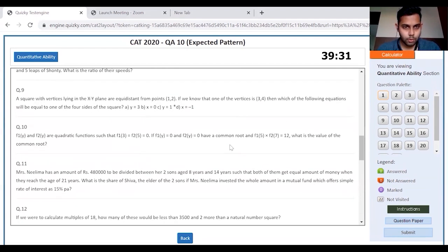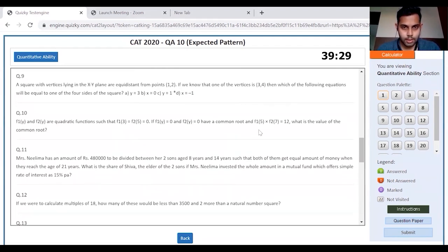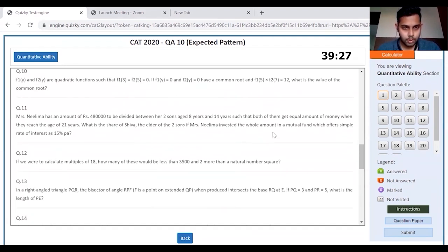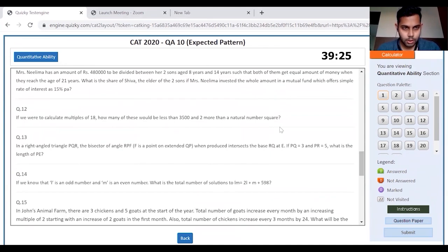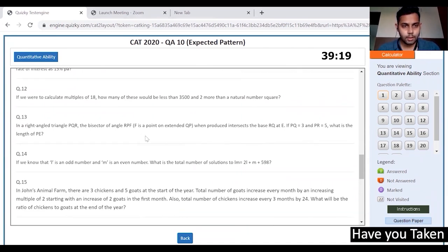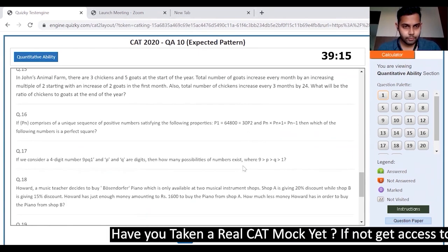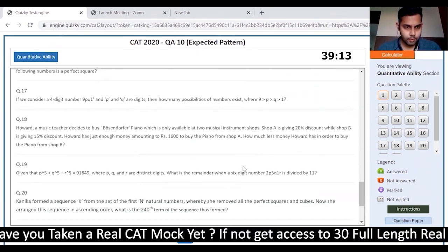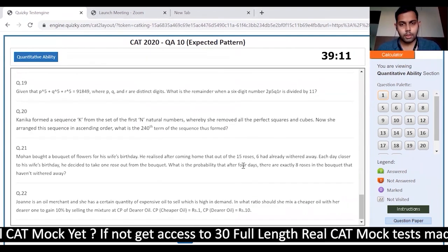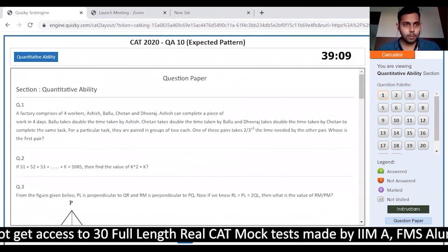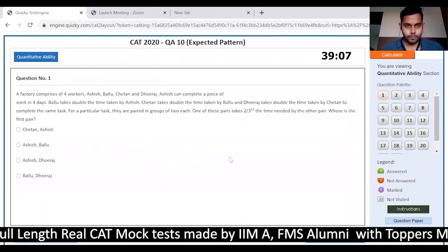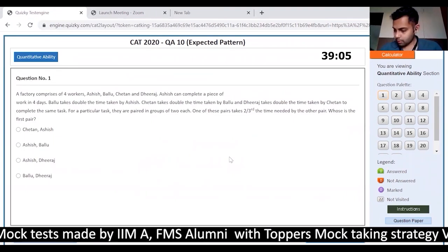No, I don't do coordinate. Quadratic, again, easy common root. Arithmetic, 18th is multiples. Little lengthy numbers. Okay. Right angle triangle is easy. IIM. Okay, fine. Decent number of arithmetic questions can be done. Let's start with this.